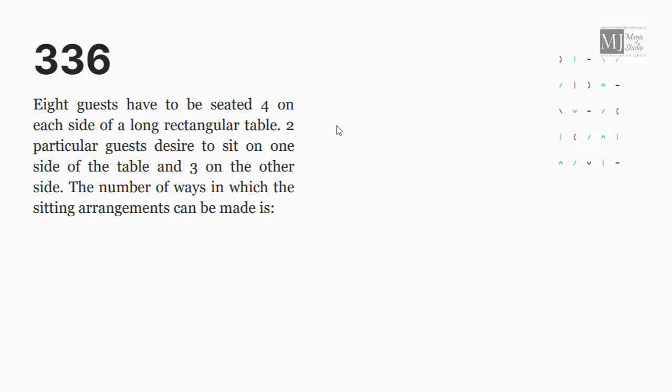8 guests have to be seated, 4 on each side of a long rectangular table. Two particular guests desire to sit on one side of the table. Let's ask them to go and sit, and 3 on the other side. That means 5 have already fixed their choices.